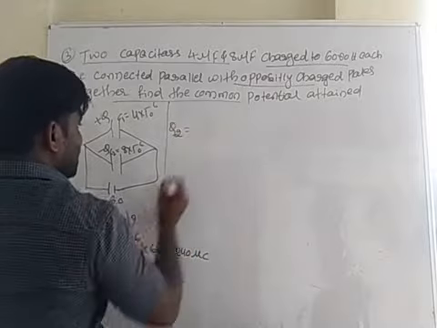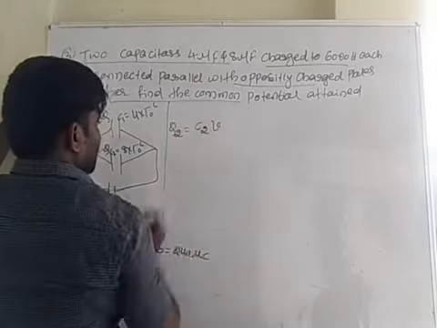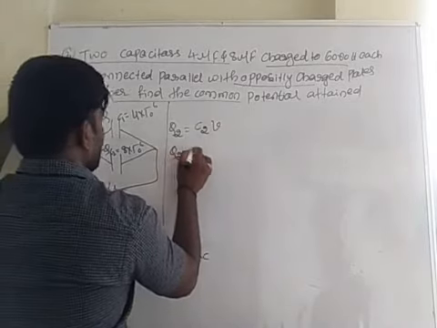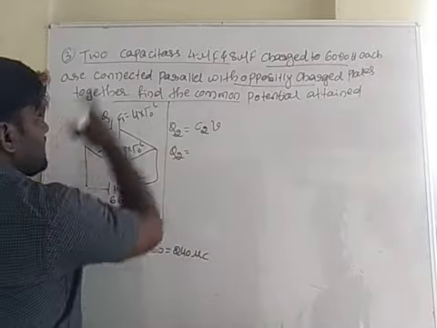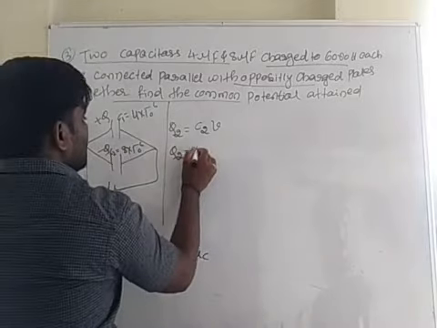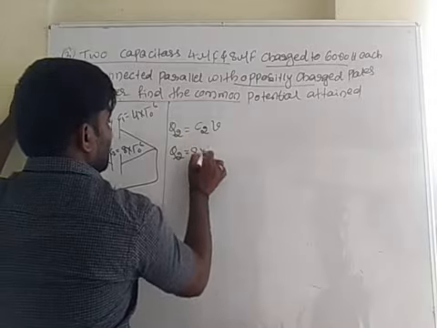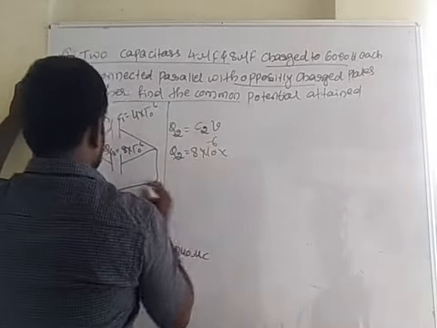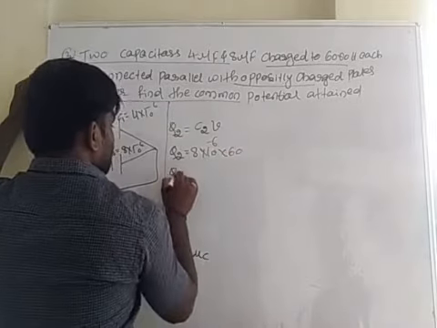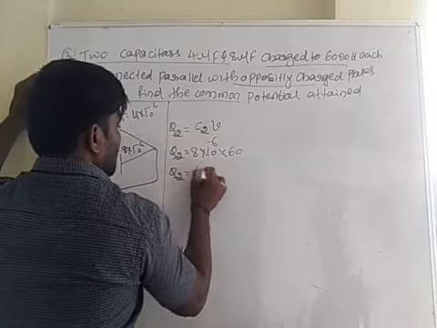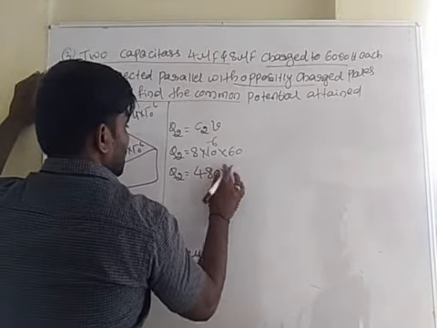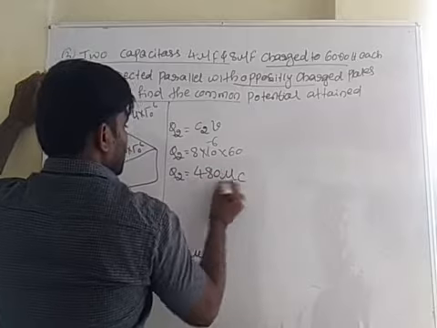So Q is equal to, shall I write C2 into V. So this Q2 is equal to C2 into V, what is your C2? It is 8 into 10 to the power minus 6 into 60. Okay? This Q2 is equal to 480 microcoulomb.